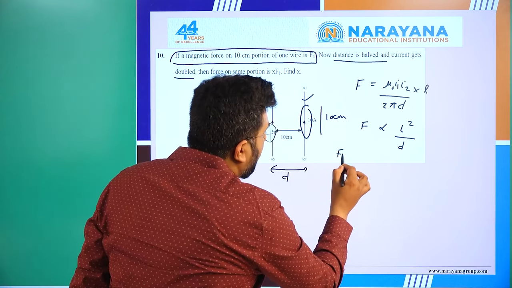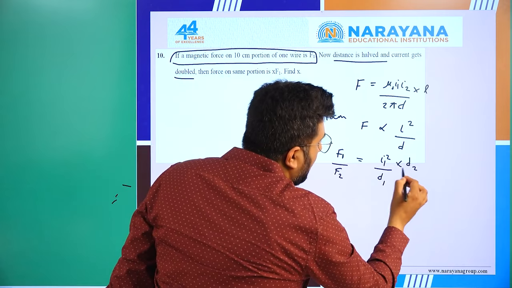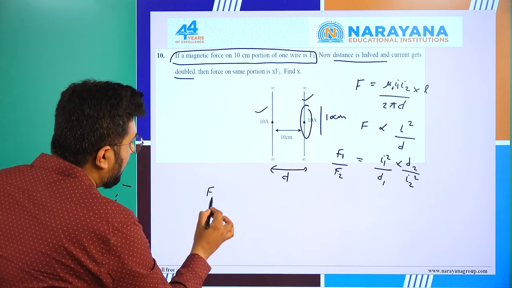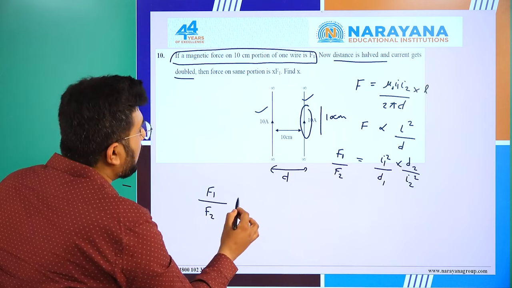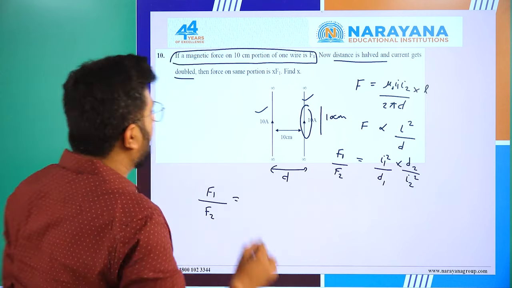That means F1 by F2 should be equal to I1 square by d1 into d2 by I2 square. So F1 by F2 I need to find out, okay. Now they have doubled the current, so I1 by I2 is half, and they have reduced the distance to half.